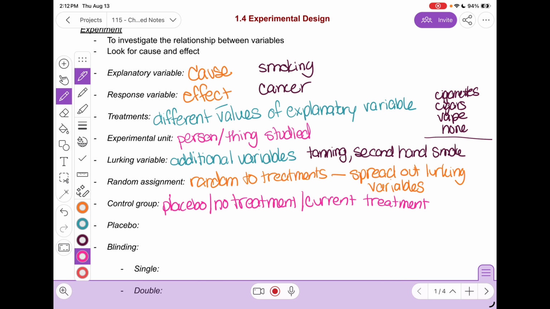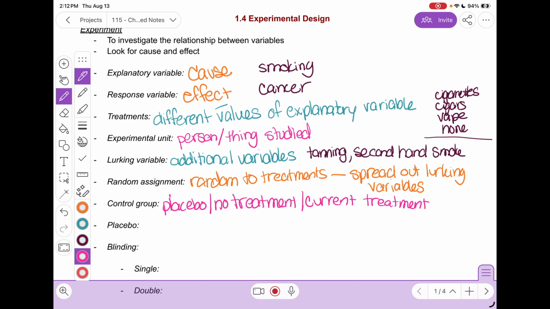So, in a study, if we're doing like a cancer trial or a drug trial, and we know someone has cancer and we're testing a new drug, we're not going to give somebody no medicine. So we're going to give them the current medicine that we know works, and then we're going to give someone else a new medicine that we think might work better. No treatment would be in that, does smoking cause cancer? That would be someone who's not smoking.